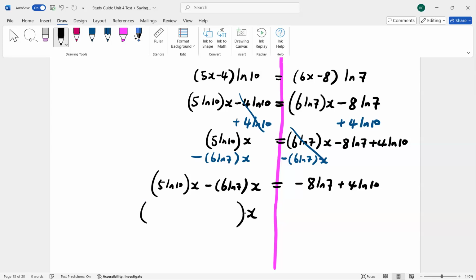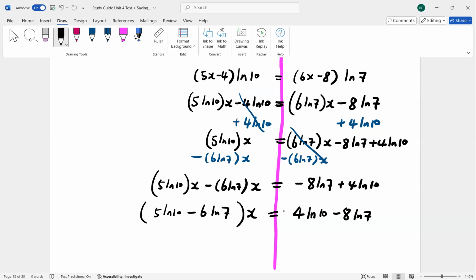If we factor x out, then the coefficient part becomes 5 ln 10 minus 6 ln 7, equals on the right side, I'm going to switch the order, ln 10 first, 4 ln 10 minus 8 ln 7.